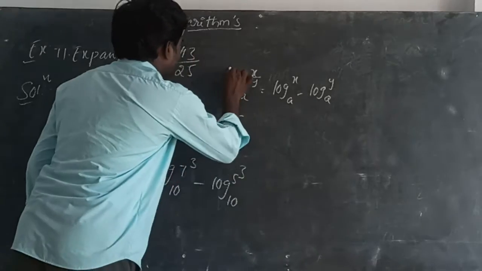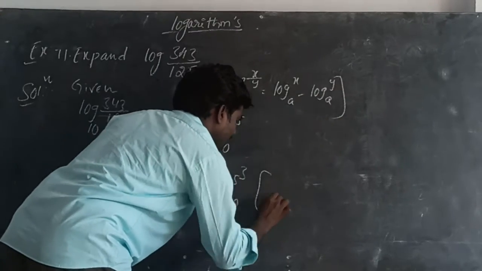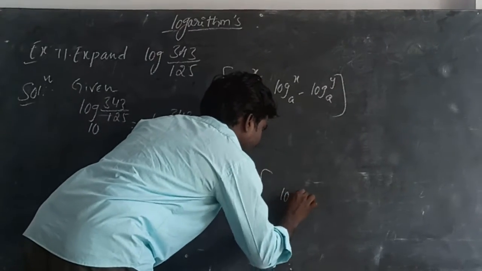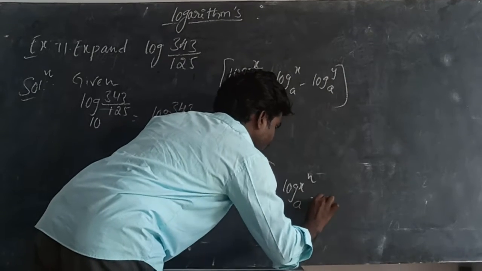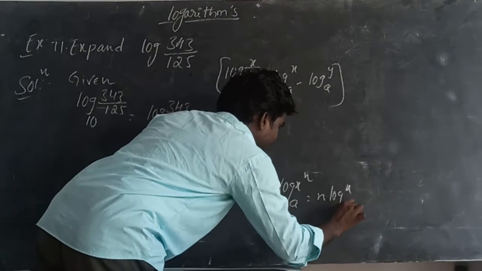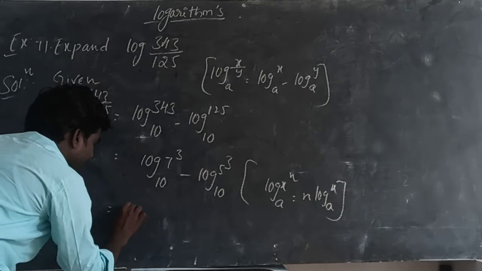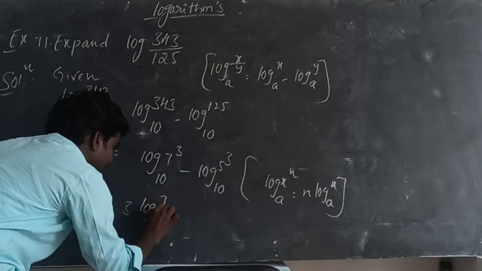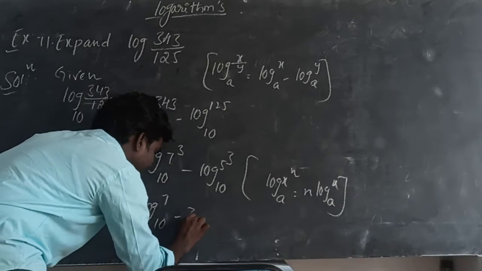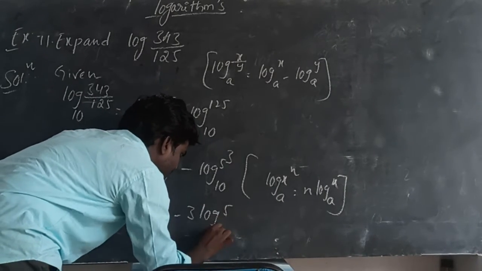Here we can use the formula log x power n base a is equal to n log x base a. So that is 3 log 7 base 10 minus 3 log 5 base 10.